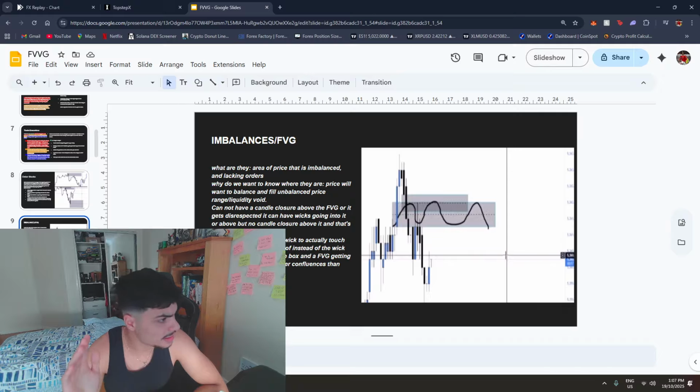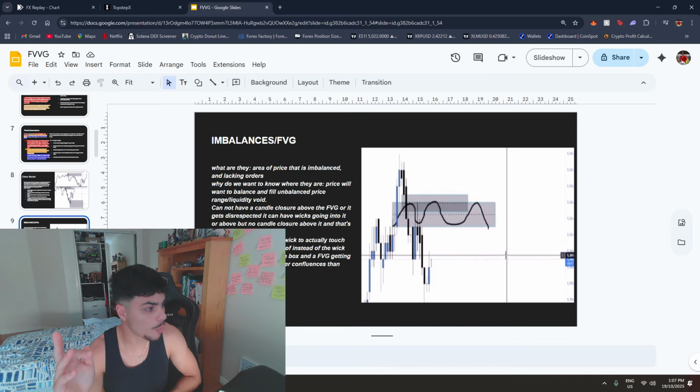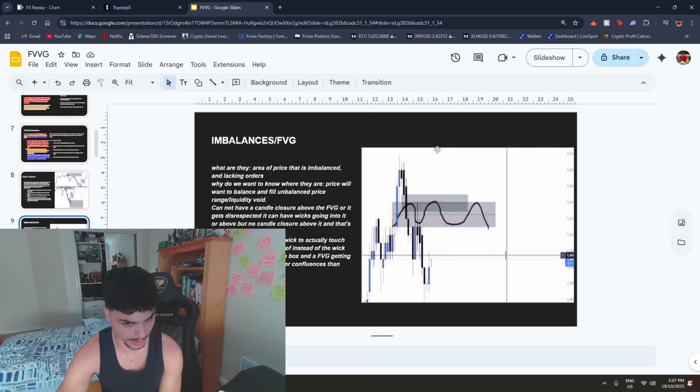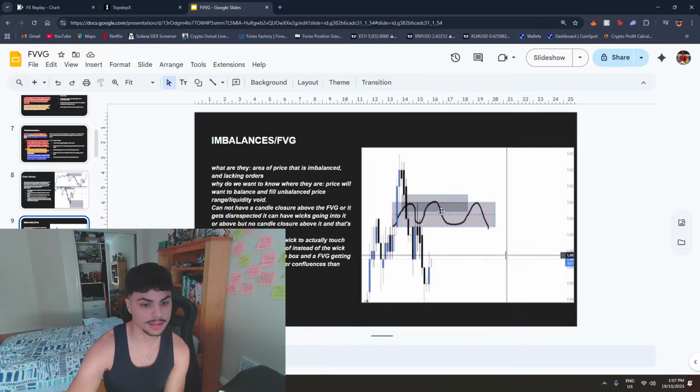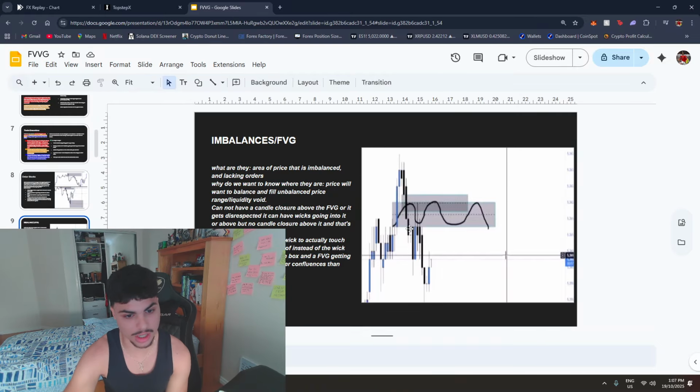We cannot have a candle closure above the fair value gap, because that will mean it's disrespected. It can have wicks going above or below. So for example, if this wick went above the fair value gap, that's fine, that's high probability. But if the actual candle closes above the fair value gap, it's disrespected. Price is going to go in the opposite direction most times.